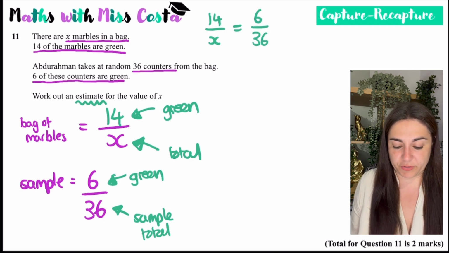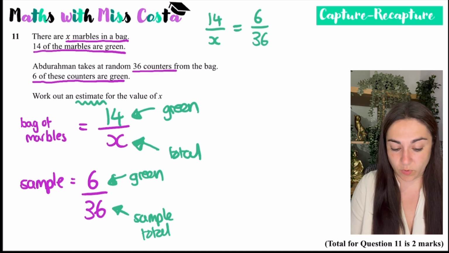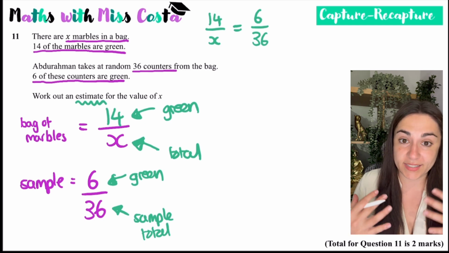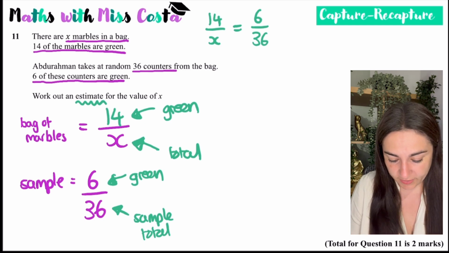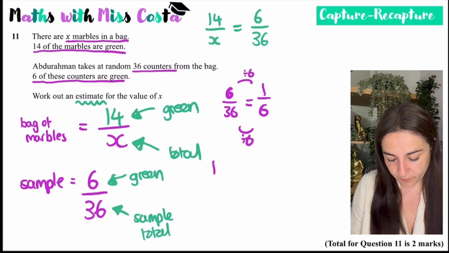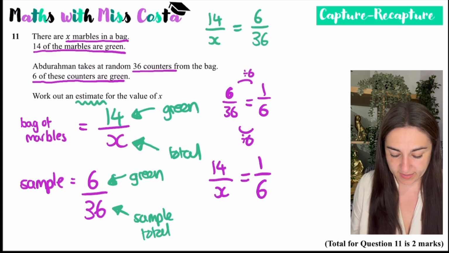Now this is a little bit of a tricky one because 6 doesn't multiply easily into 14. So what I could do, because you should be really familiar with simplifying fractions, is look at 6 over 36 and simplify it. So if I divide that by 6, divide that by 6, I'm left with a 6th. So therefore 14 over X must be equal to 1/6.